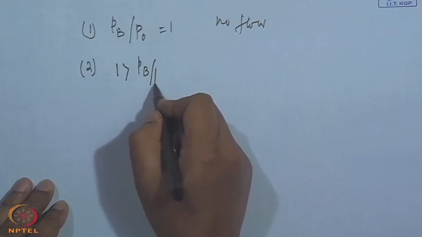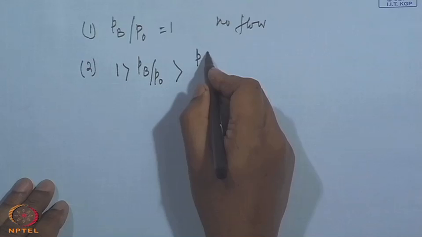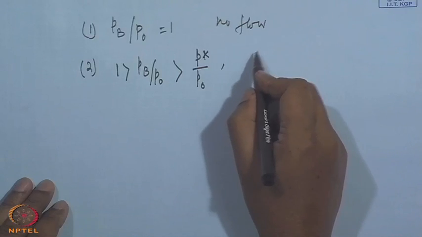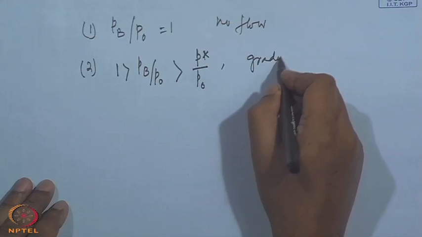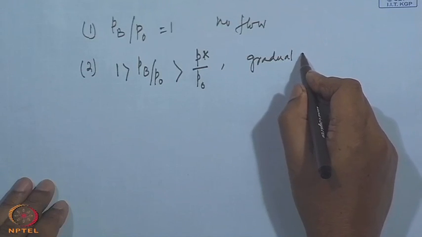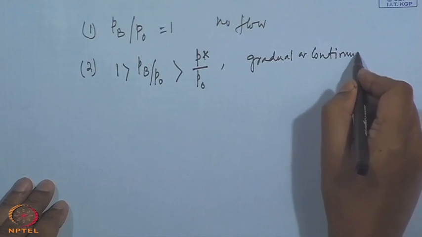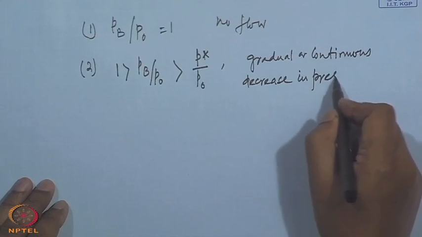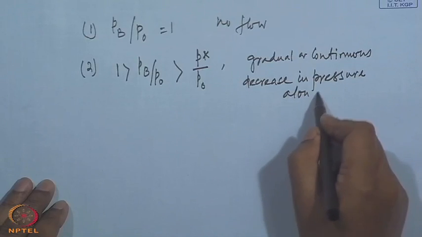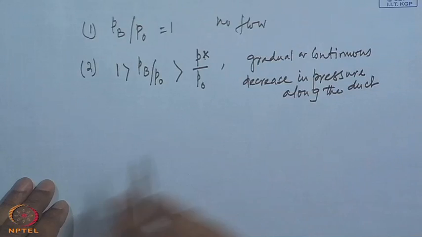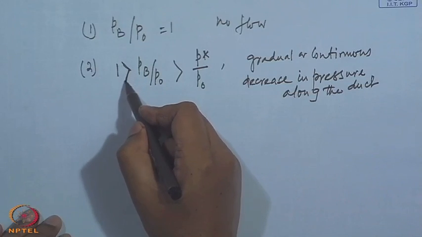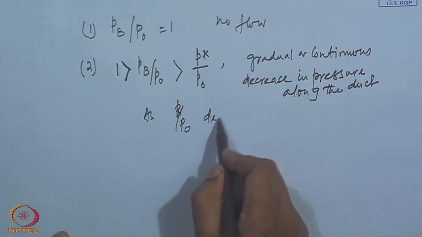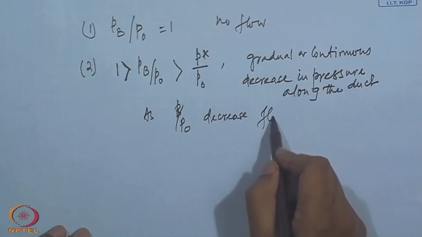For P_b by P0 less than 1, there is a continuous decrease in pressure along the duct, and as P_b by P0 decreases, flow velocity and mass flow rate increase.